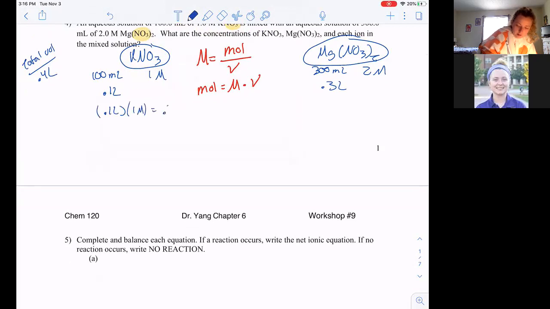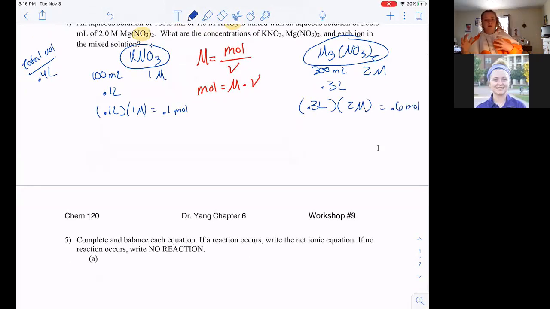That's 0.1 moles. This one's 0.3 liters times 2 molarity. That's equal to 0.6 moles.